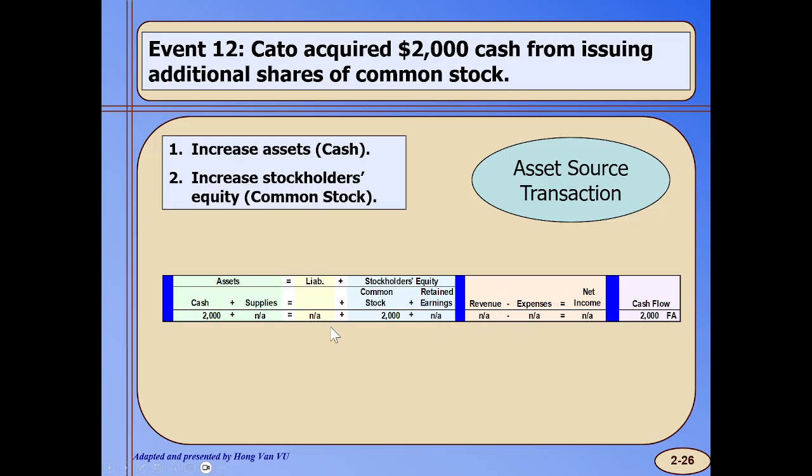There's no effect on the income statement, but the statement of cash flows shows a cash inflow of 2,000 for financing activity, and the transaction is classified as an asset source transaction.